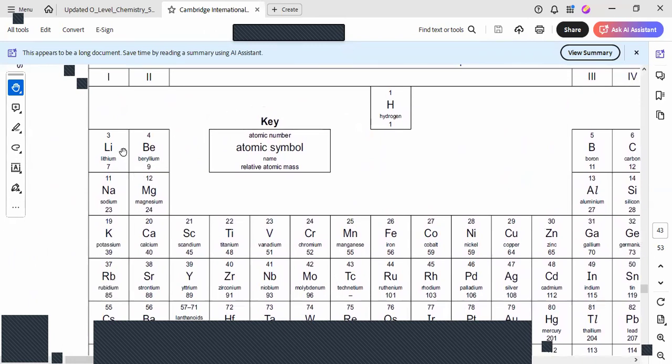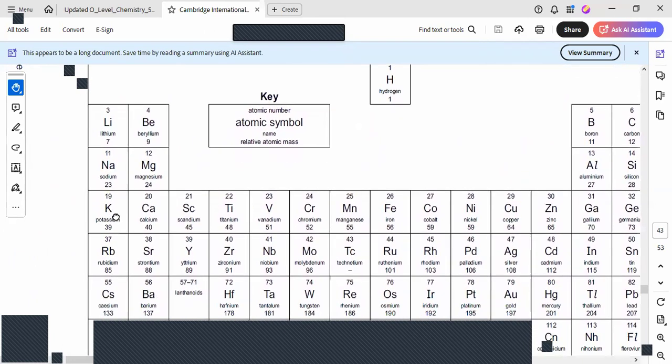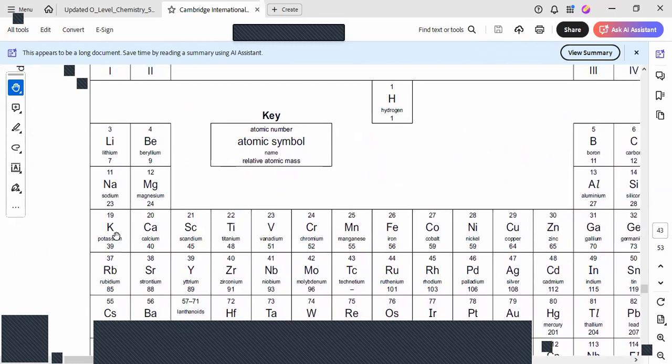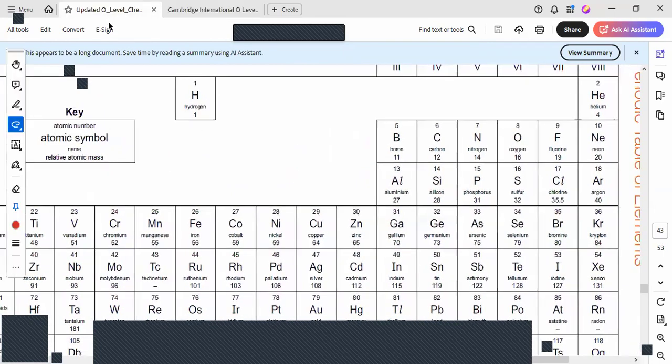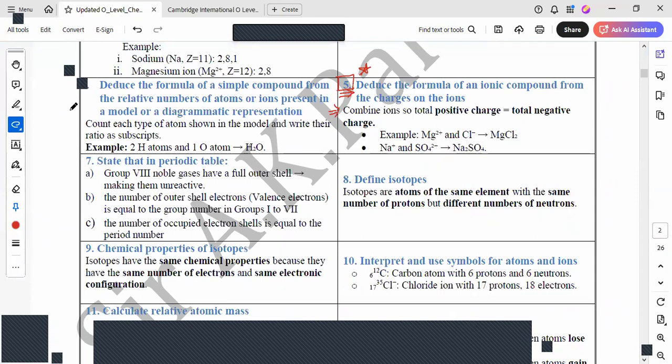Then we have lithium, sodium, potassium, rubidium. All of these elements have one valence electron in their outermost electron-filled shell. And in group 2 there are two electrons in the outermost electron-filled shell, known as valence electrons.